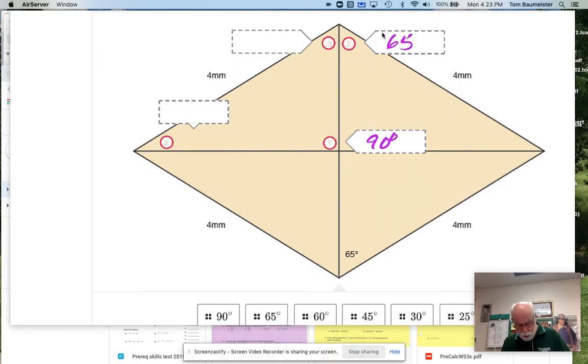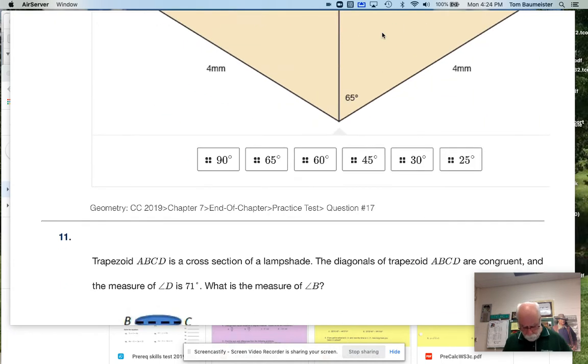And of course, diagonals bisect. So we know that one there also has to be 65. And then if you think about it here, this one here is also 90 degrees. And you can tell me that the sum of those is equal to 180, or you can tell me that these two equal 90. So if we know that, then this one here has to be 25 degrees. Not 250, 25 degrees.